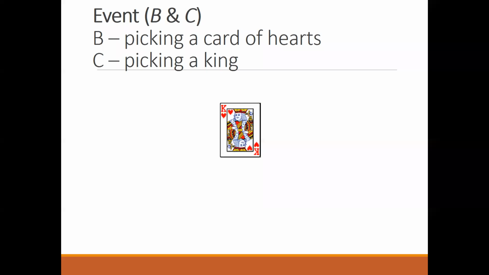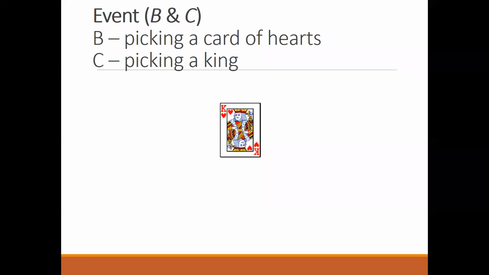When we write the formula, the first part will be for B, that is 13 by 52. And then comes picking a king. What is the probability here? 4 by 52.